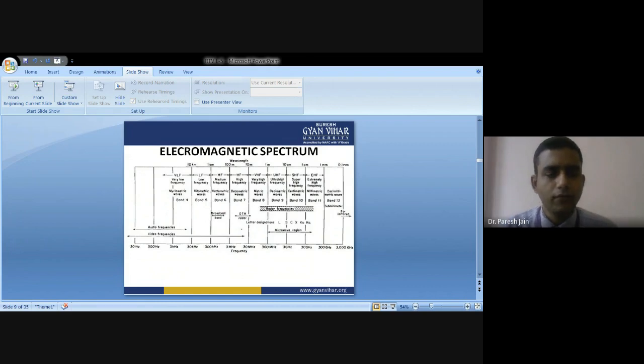The next application of radar is civilian applications, that is air traffic control. It works as an air traffic control system. All airports are equipped with ATC radars, air traffic radars.